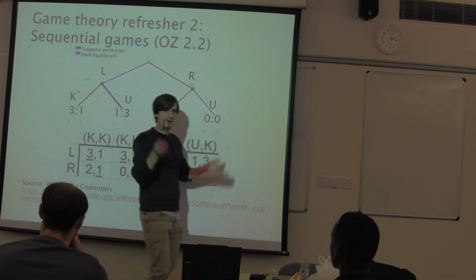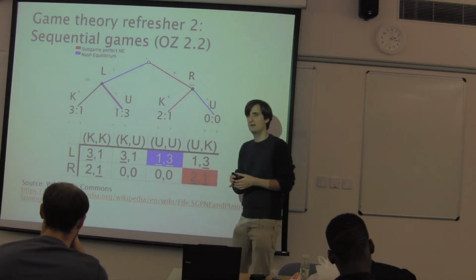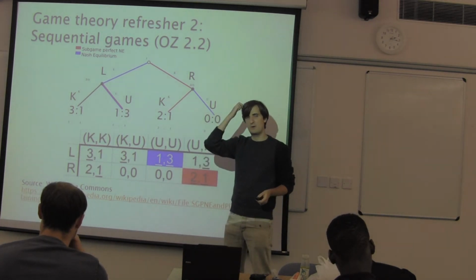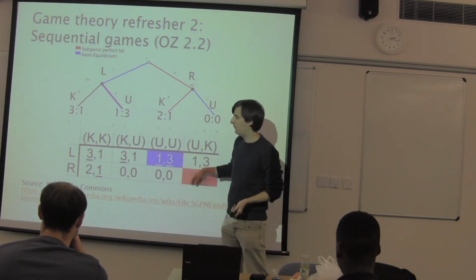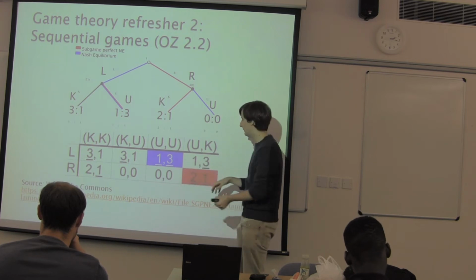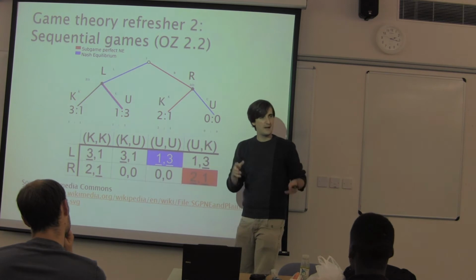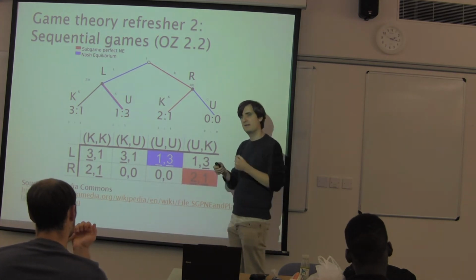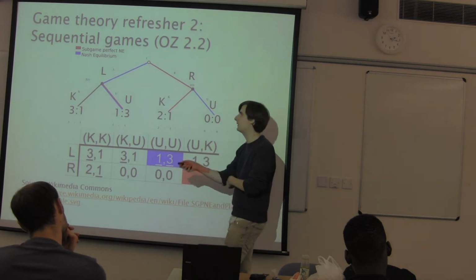So what we're saying is that when players can make these commitments to actions later on in the game tree, then we get extra equilibria of these games. These two things are both Nash equilibria, but the one we like, the sensible one, is what we call a subgame perfect Nash equilibrium, because at each subgame of the original game, people are still playing a Nash equilibrium.